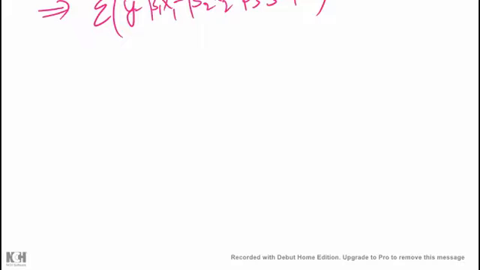I require the same beta 1, beta 2, beta 3 and beta naught in such a way that y minus y hat, that is y minus beta 1 x1 minus beta 2 x2 minus beta 3 x3 minus beta naught whole square, plus alpha into beta 1 square plus beta 2 square plus beta 3 square, should be minimum. I want to identify the beta values in such a way that this should be minimum.